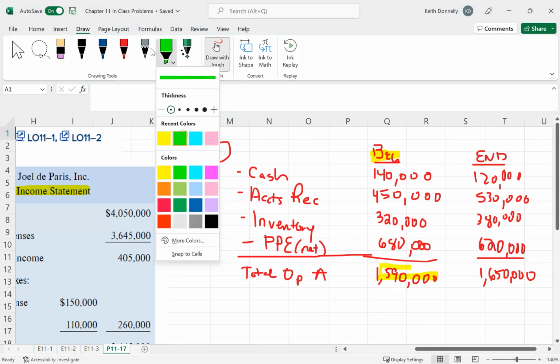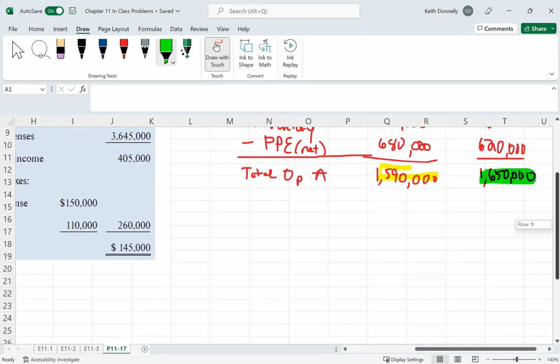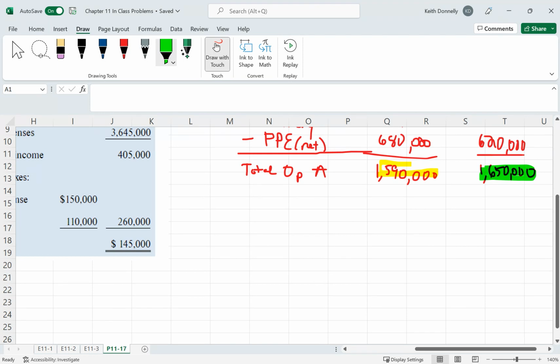All right, so we have beginning of 1,590,000, and we have ending there of 1,650,000. And again, just keep in mind, what are they asking us here? We're trying to figure out our average operating assets.